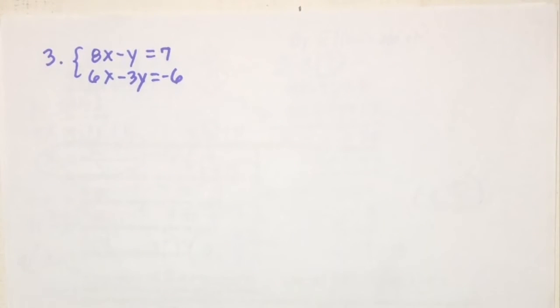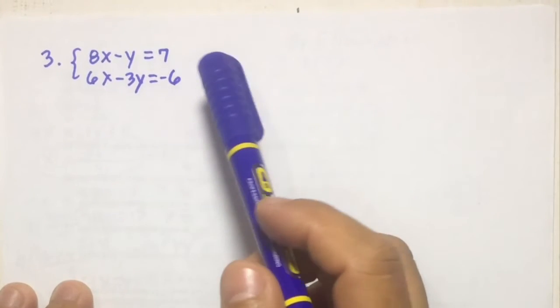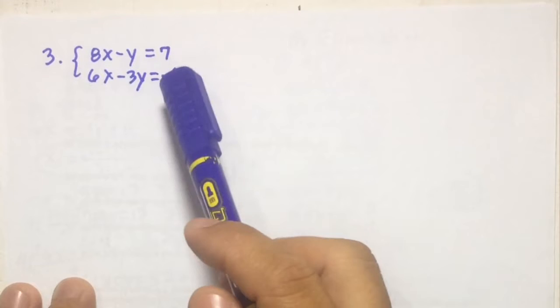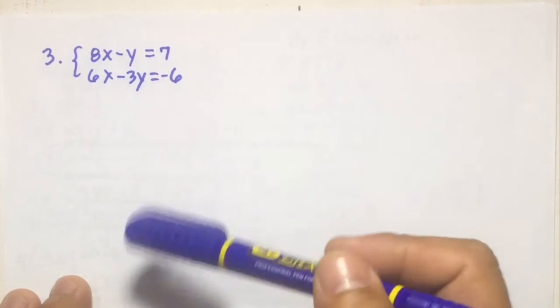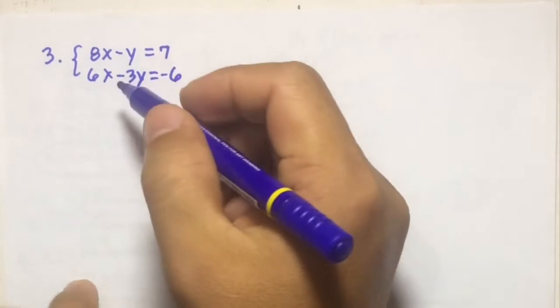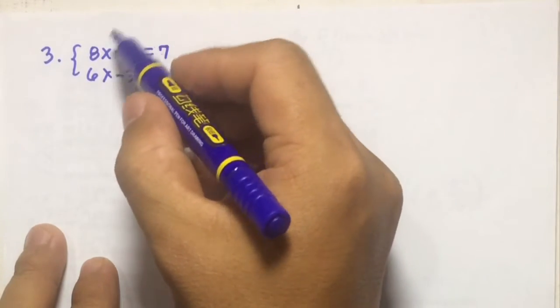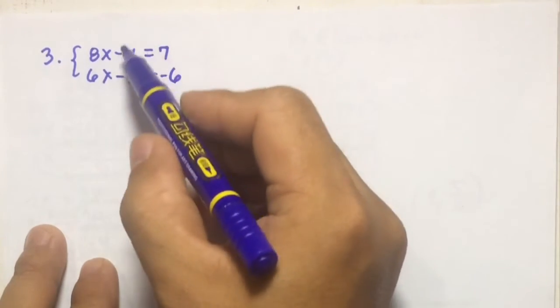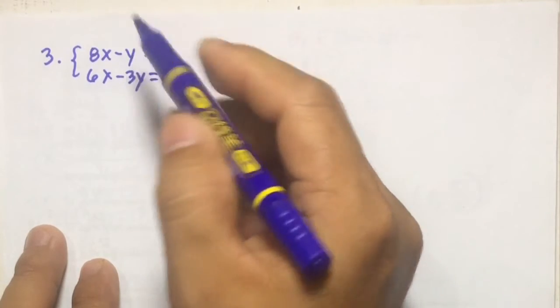Example number 3, we have here the system 8x minus y equals 7 and 6x minus 3y equals negative 6. So by substitution, we can use equation 1. So we can express this one in terms of y.